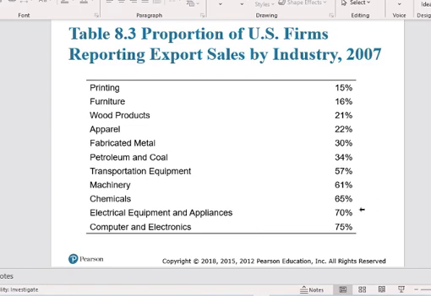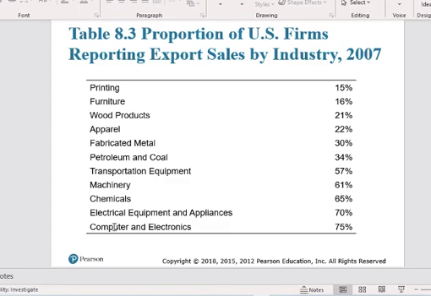So this is the reported sales of the industries. We see that in the US, computer and electronics have the most export, I think because the US has the highest advantage in computer and electronics manufacturing.